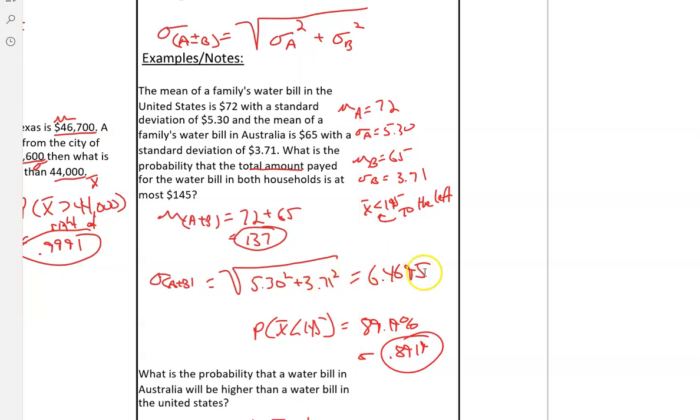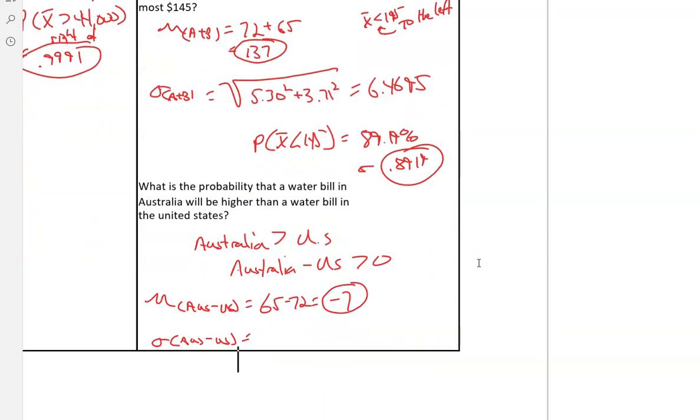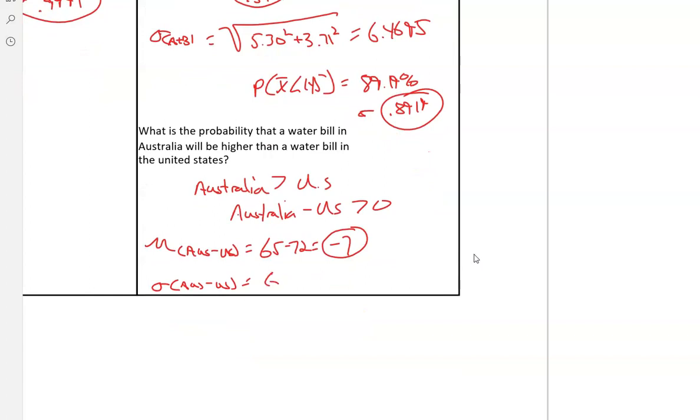That does not change, so it's still 6.4695. So on average, a water bill in Australia is $7 less. It's -7. And we want to figure out what is the probability that it is greater than 0.